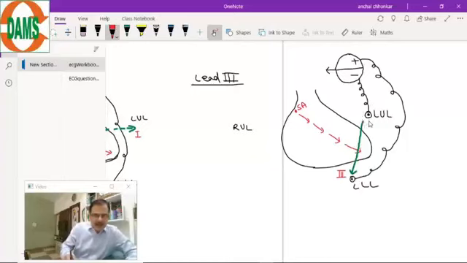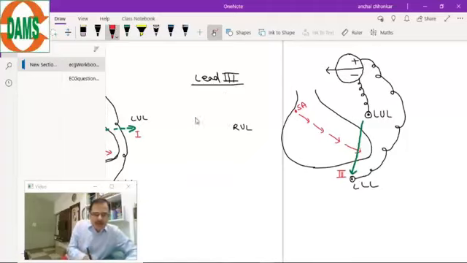The principle is the tail is towards the reference electrode and the arrowhead is towards the exploring electrode. That is the simple basic principle of the vector line of any limb lead. Now in lead 3, what will the P wave and the QRS complex be like?